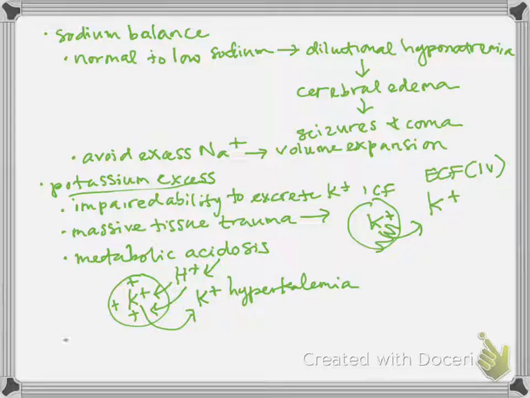Just a reminder, your signs and symptoms of potassium excess, weakness, and of course cardiac dysrhythmias like a peaked T wave. Your heart becomes too excitable, and so it's hard for that T wave to be normal because that represents ventricular repolarization, and it's hard for the heart to repolarize itself or go back to its resting state when it's hyperirritable, as in a potassium excess state.